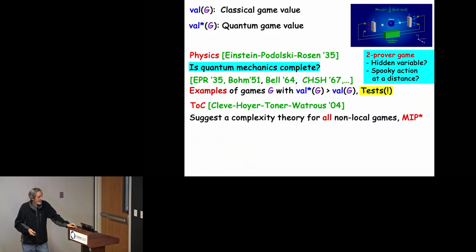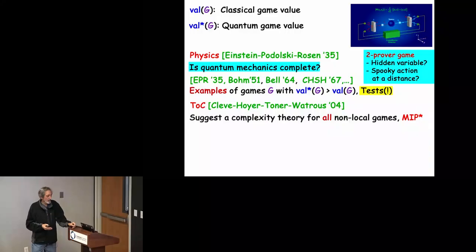In the CS world, this suggestion of the model MIP star already started, connecting it to EPR, and also suggesting not to look at the example, but to build a complexity theory in the same sense we do it for problems, for P, for NP.